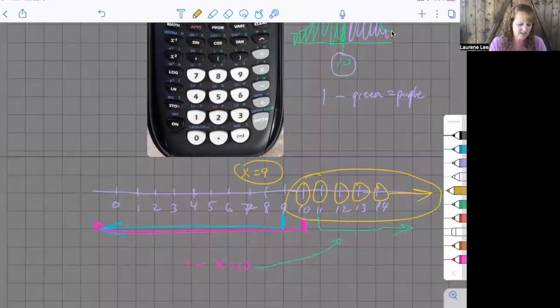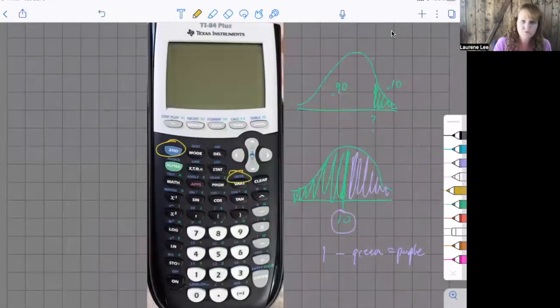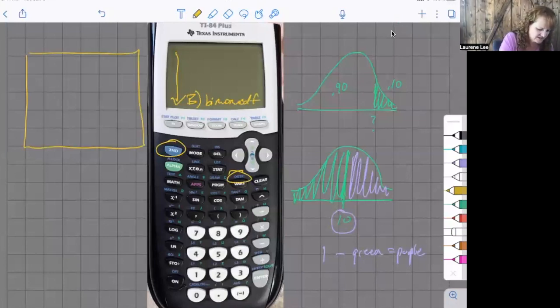So let's talk about how to type that in. You're going to go second distribution. You're going to go all the way down past your screen. It's option B, I think. B says binomcdf. And when you select that, you get your screen.